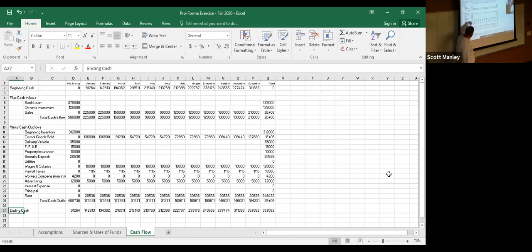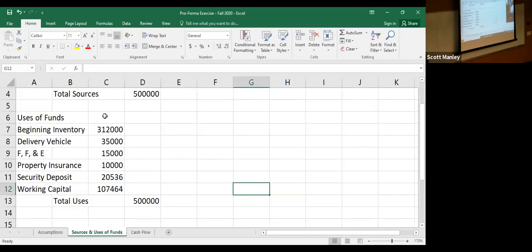So in other words, if I looked at beginning inventory, delivery vehicle, furniture, fixtures, and equipment, property insurance, and security deposit, all of those things are in my pre-startup. So minimally, anything that is in your sources and uses is going to be in that pre-startup column. You see I've got beginning inventory, delivery vehicle, furniture, fixtures, and equipment, property insurance, and security deposit.